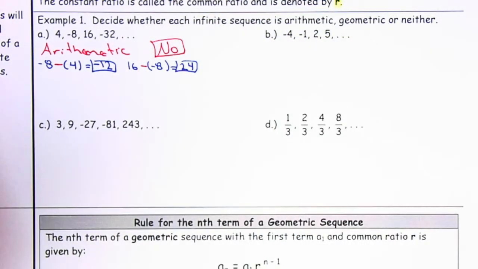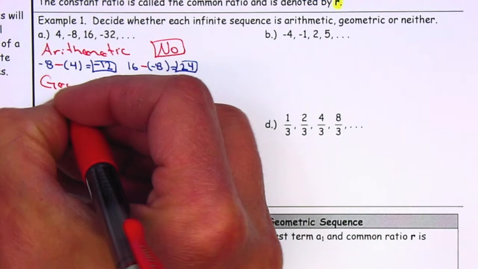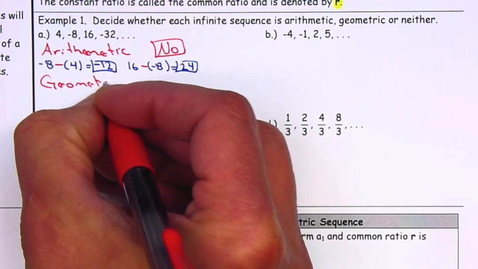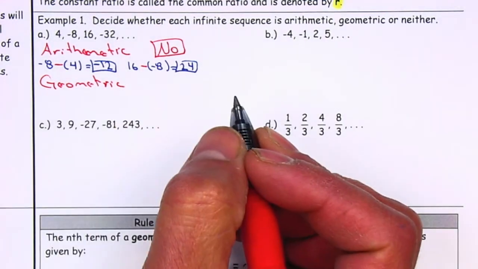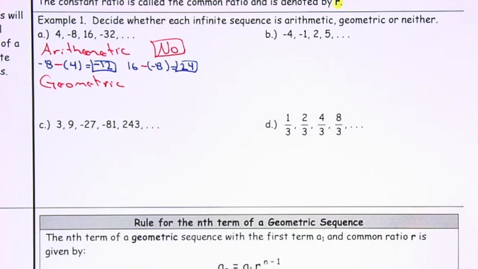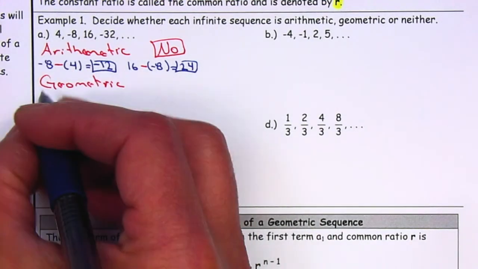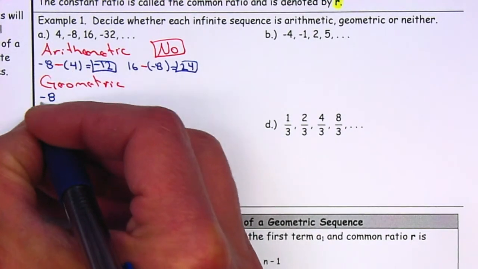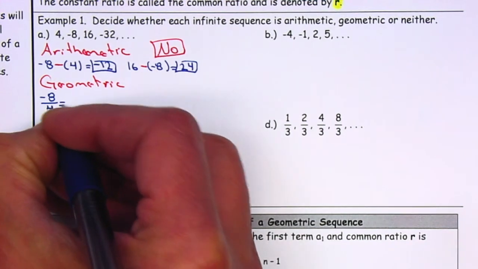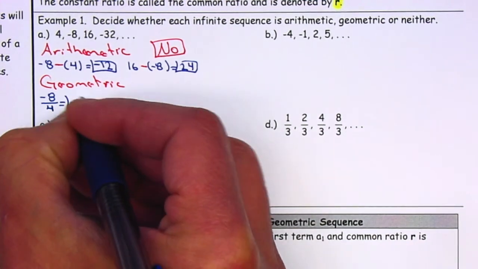Let's check and see if it's geometric. To decide if it's geometric, we need to find the ratio. By the ratio, I mean we take the second number divided by the first number. So we're going to take -8 divided by the first number, which is 4. This is -2.